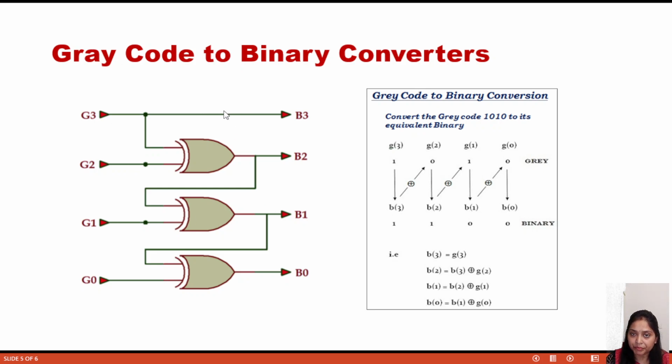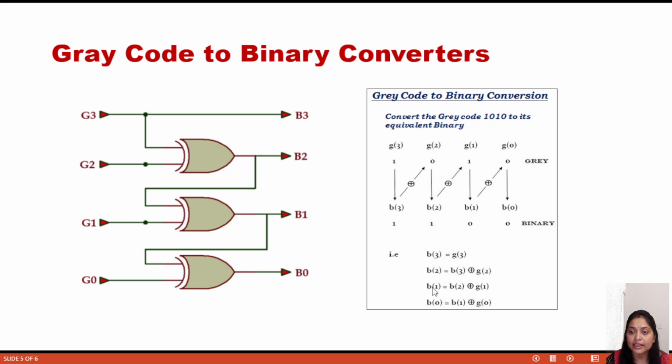Now coming to the circuit diagram. G3 G2 G1 G0 are the gray code, and B3 B2 B1 B0 are the binary code. G3 we first directly write for B3, so one line is directly B3. Then we do the XOR between B3 and G2, and we get B2. Both these inputs pass through the XOR gate and we get B2.